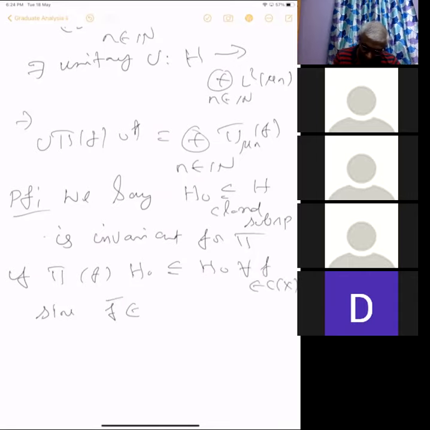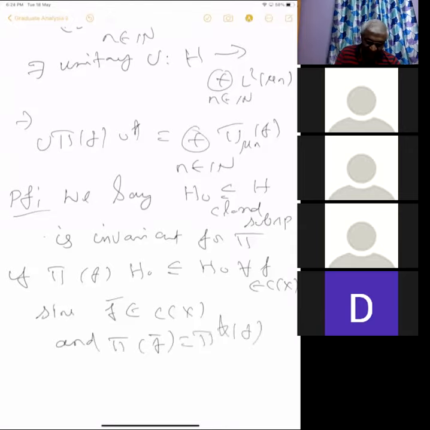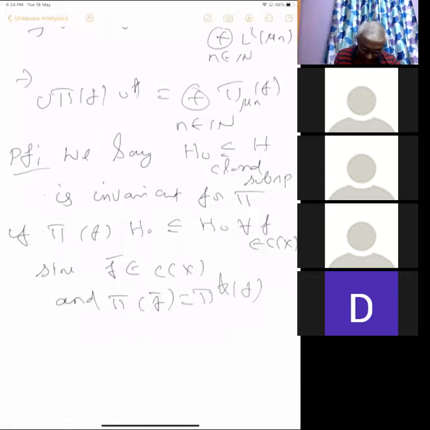Since f is there, f bar is also in C(X). This will imply that pi of f bar is equal to pi(f) star. So it is invariant under star also. If something is invariant under pi of f, it's invariant under star also. This you know from linear algebra, I believe.